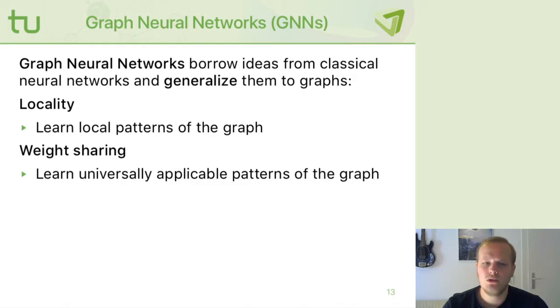In general, we want to learn local patterns of the graph, and while we go deeper, we want to extract more and more global information. Second, we want these learned local patterns to be universally applicable. This can be done by the concept of weight sharing, so that learned patterns are generalizable to unseen nodes or unseen graphs.